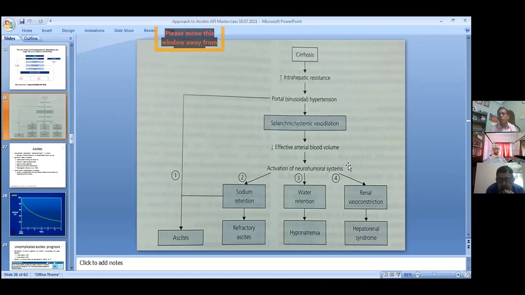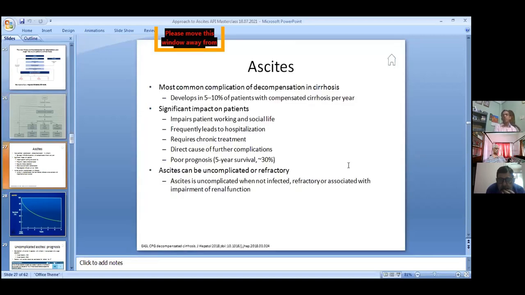So hyponatremia indicates more advanced liver disease. Later renal vasoconstriction develops, and profound splanchnic vasodilation along with renal vasoconstriction is the mechanism for hepatorenal syndrome, which indicates still more advanced liver disease.